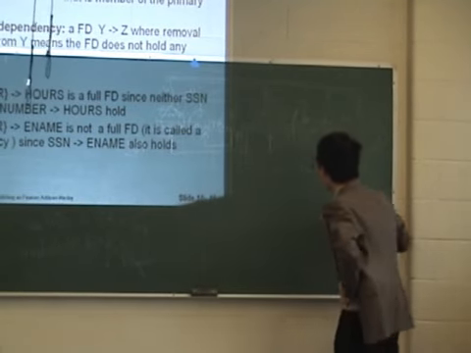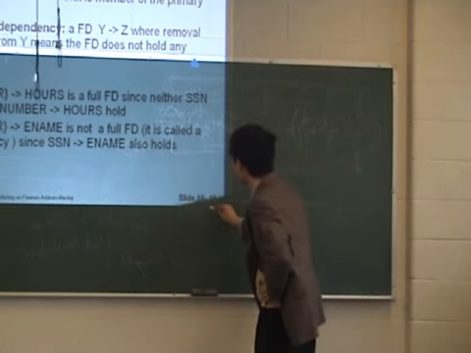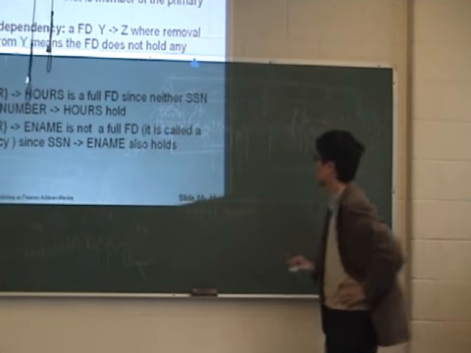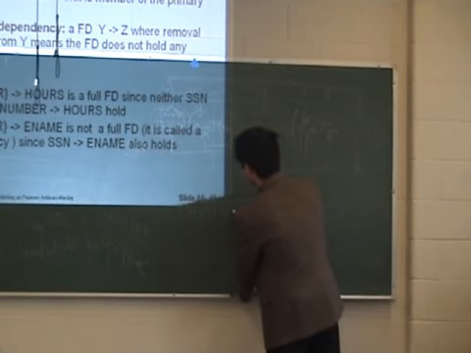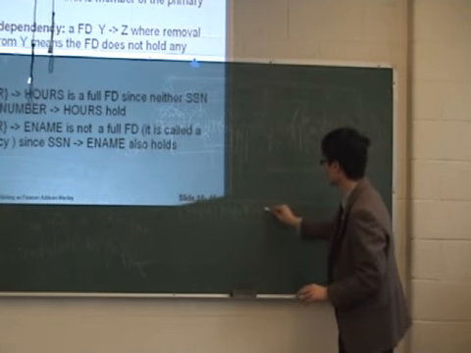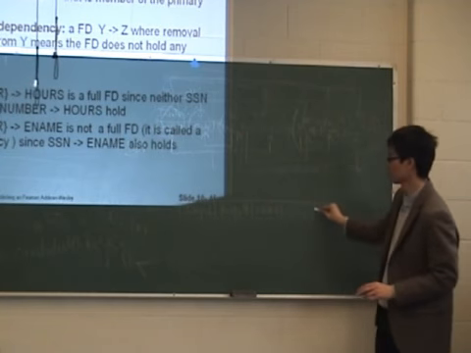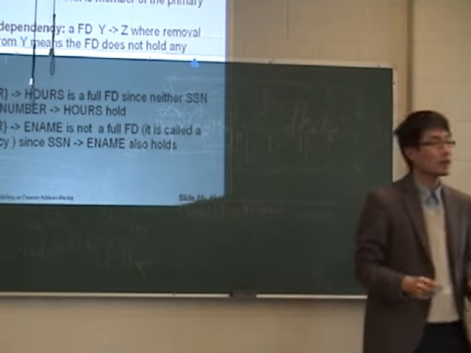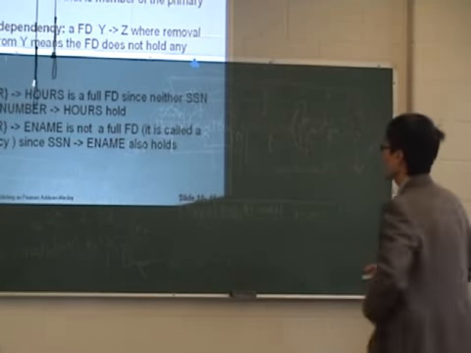So we have, for example, employee ID and department project number and e-name and hours. That is the primary key. First, we need to find the functional dependencies.